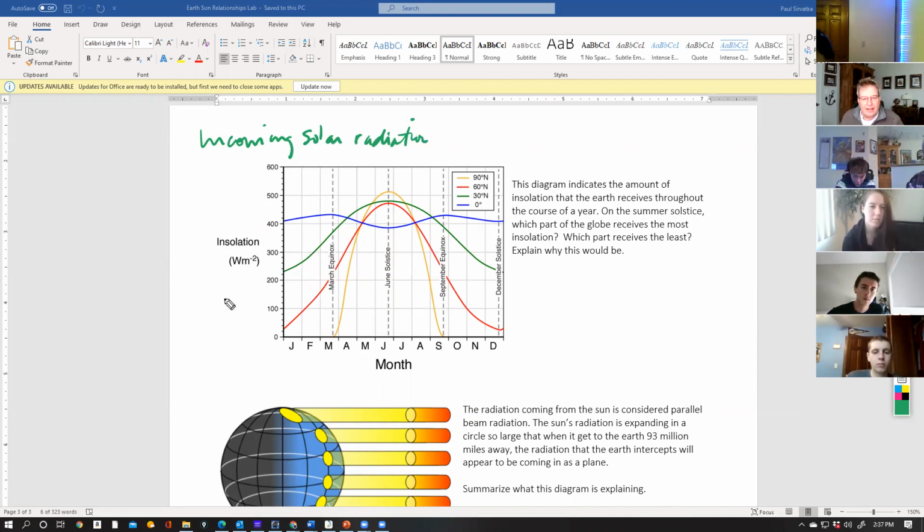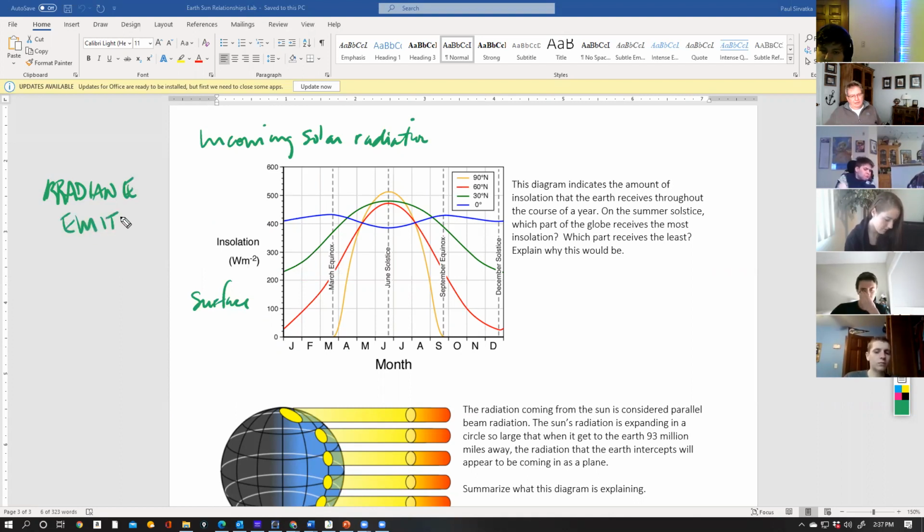This is now at the surface. This is through the ground. And remember that some of the light doesn't get through if there's clouds, if there's scattering, if there's dust in the air, something like that, that's going to get rid of it. So this is how much is being received. Irradiance is emitted, right?